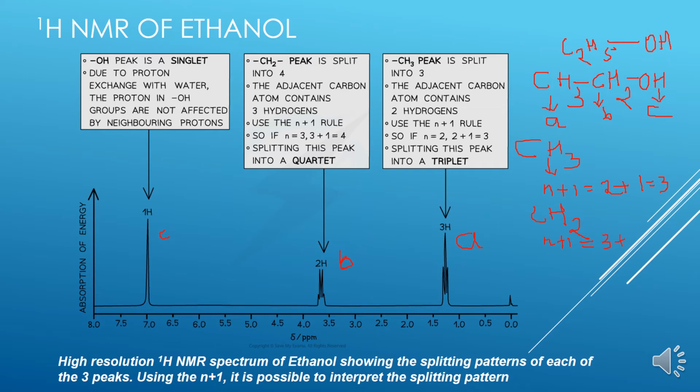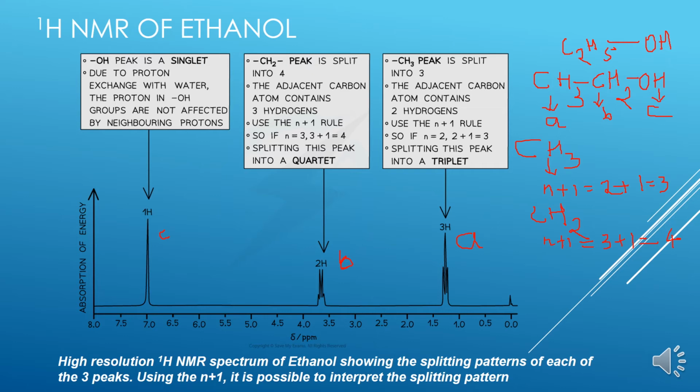There will be 4 peaks. Understood? So for the methyl group, a triplet peak is available. For methylene protons, quartet peaks are observed.